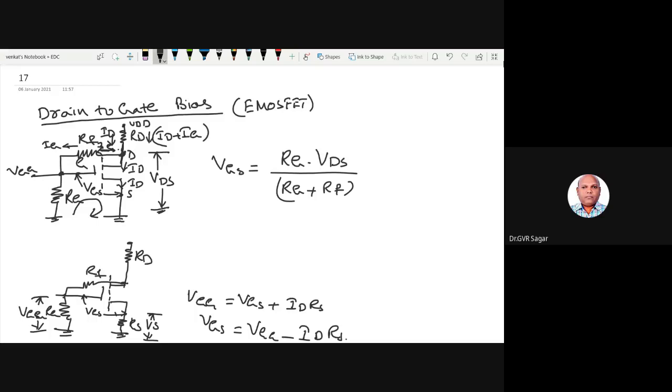But the IG current is 0 because the gate is reverse biased. Sorry, this is enhancement mode. So here there is a positive current of IG because the gate is not reverse bias current. So a positive current is going. Take this as IG, plus ID plus IG.